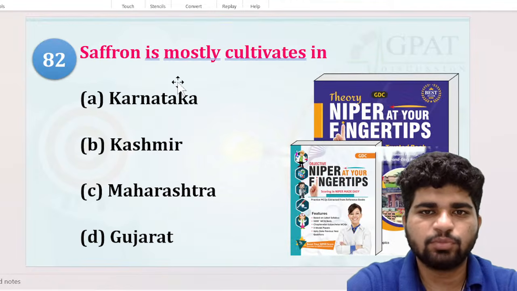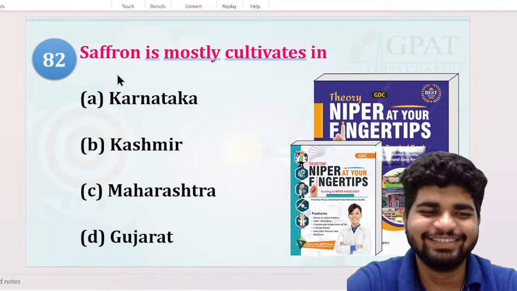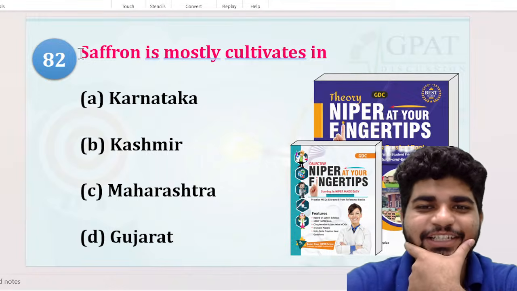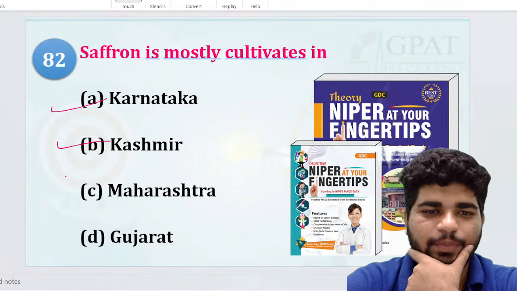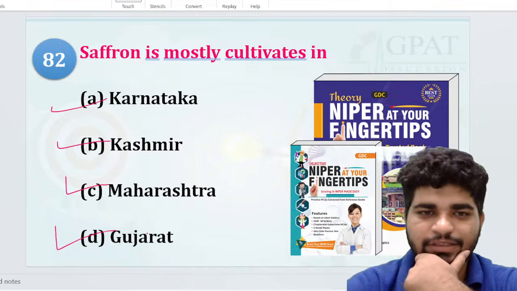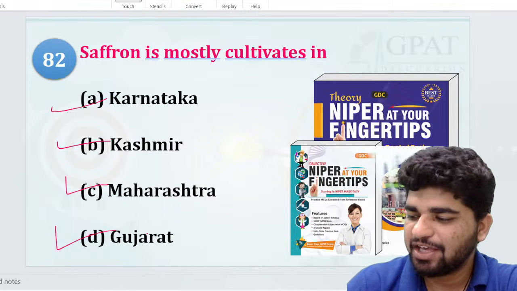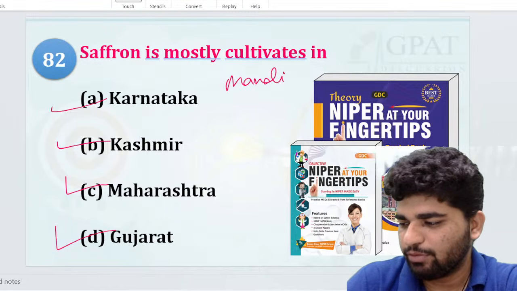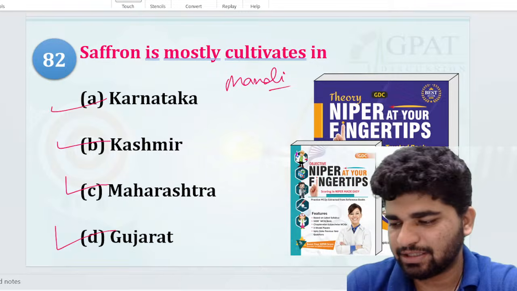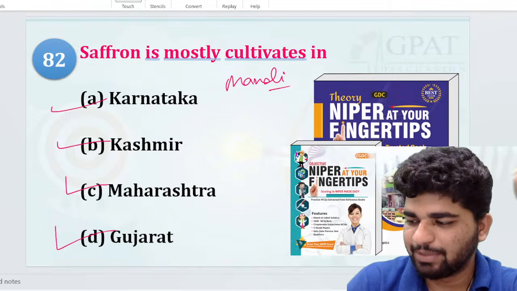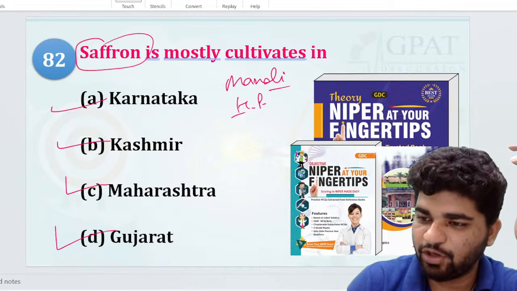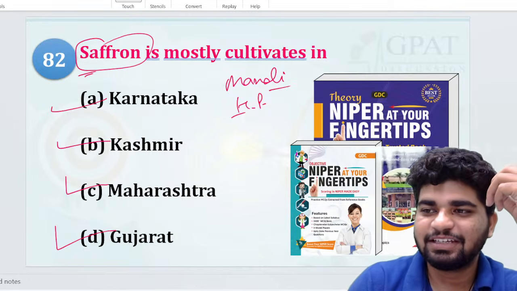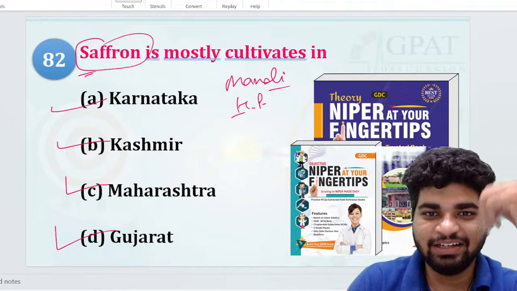Now this one. Saffron is mostly cultivated in Karnataka, Kashmir, Maharashtra, or Gujarat. Kesar. When I was in Manali for some days, in Himachal Pradesh, saffron is very common these days.